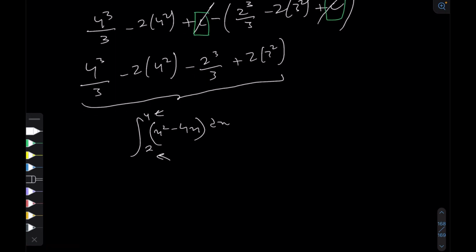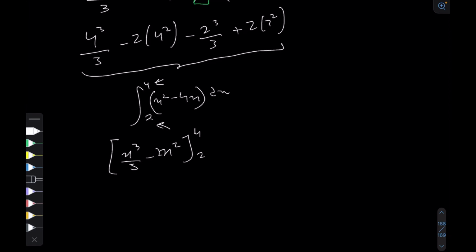What we do now is simply ignore the c. So let's integrate it like we just learned to: x cubed over 3 minus 2x squared, and then write the bounds over here. Now first input 4 into this.